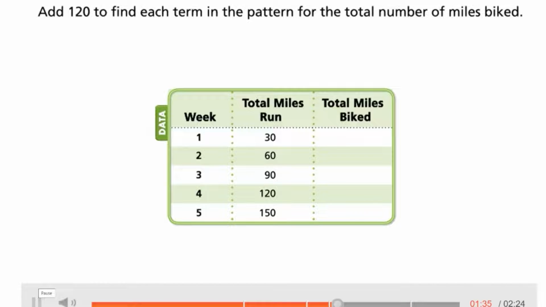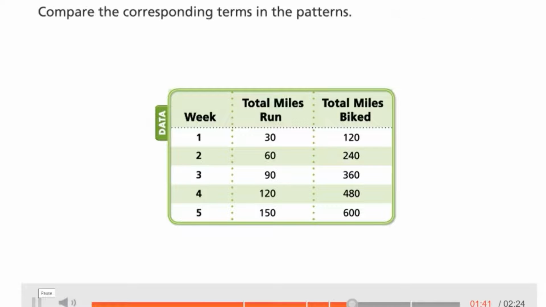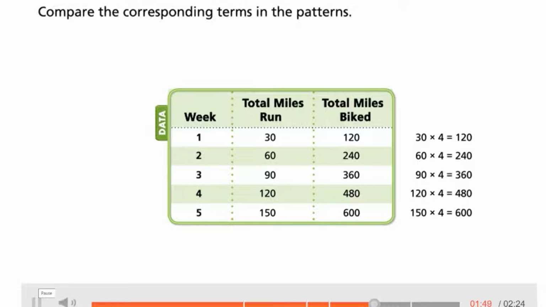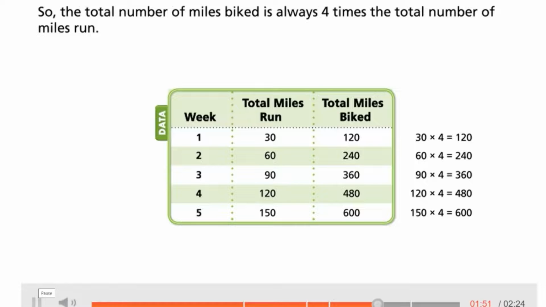Add 120 to find each term in the pattern for the total number of miles biked. Compare the corresponding terms in the patterns. So, the total number of miles biked is always 4 times the total number of miles run.